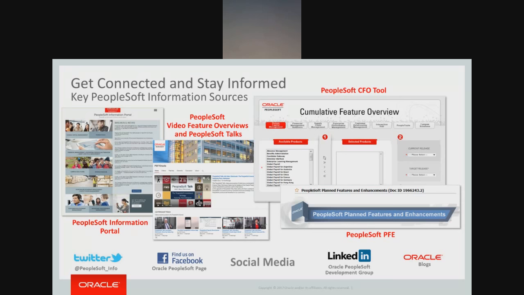In the olden days, the higher education user group used to send out pages and pages of enhancement requests, and you'd go through them to figure out which ones you wanted to vote on. This seems much better, but I just haven't been able to latch on to where exactly to access that. So if you could provide that.